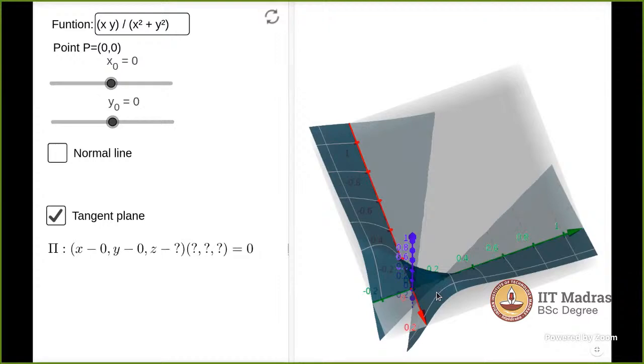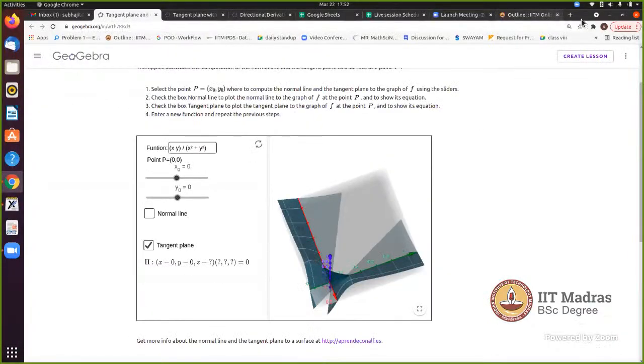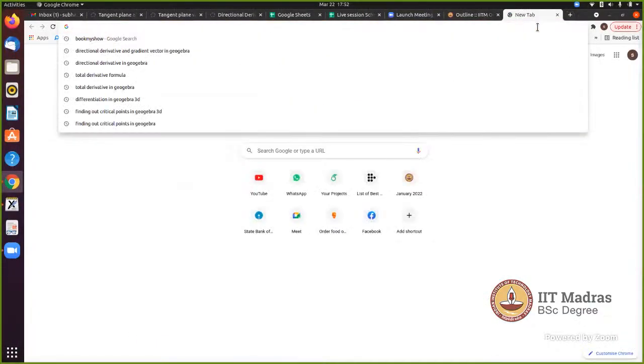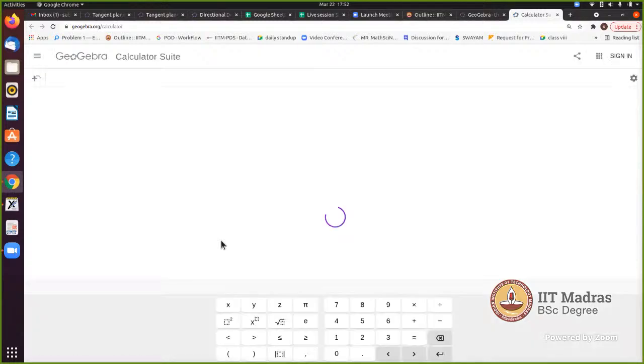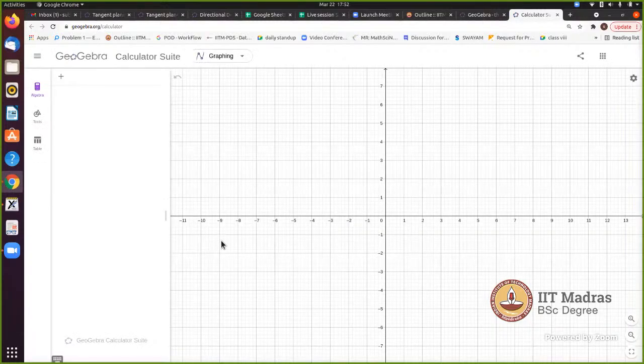Because in a 2D graph even, suppose, okay, let me draw it. Discontinuity is rather easy, I think. Not always. Maybe. Suppose I take a function which is not continuous at 0.